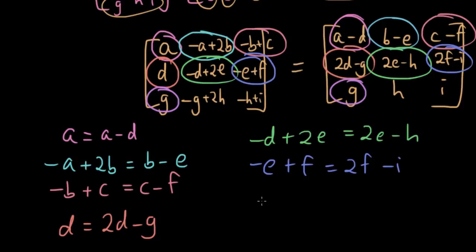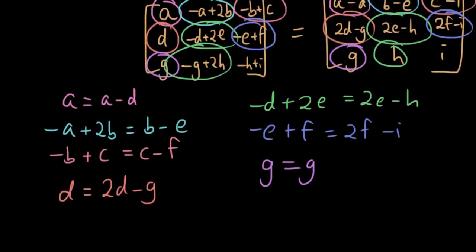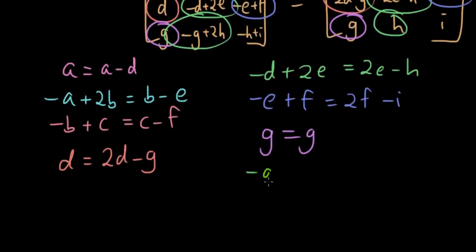Then I have negative g, oh no, not negative g, just g. g equals g, well that's useless. And then I have negative g plus 2h equals h. And then the last one is negative h plus I equals I.